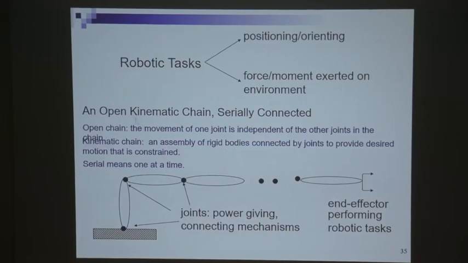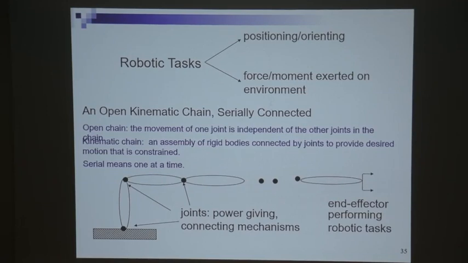When we talk about specifying a robotic task, the task itself could comprise positioning as well as orientation. For positioning, you place your pencil at a specific point, and for orientation, you place the pencil in a specific orientation. So an object is always specified by its position as well as its orientation.